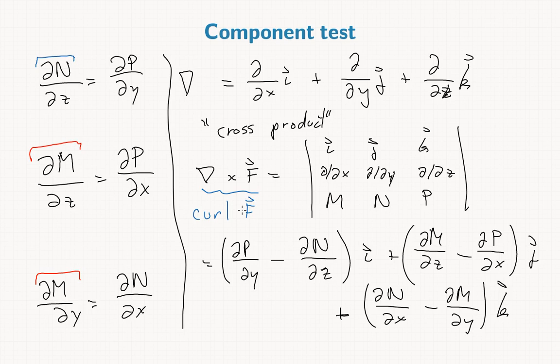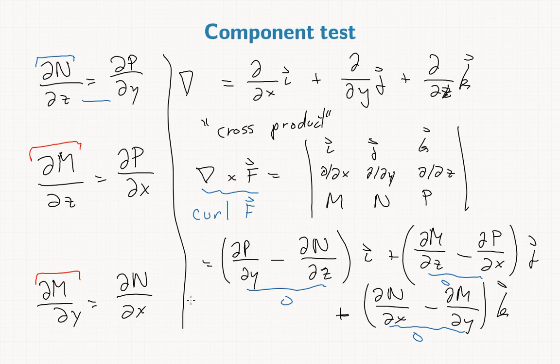We'll study this more in the coming sections. What these equations show is that del n by del z has to equal del p by del y, so that would say this component is 0. Similarly, these two being equal means that this component is 0, and these two being equal shows that this component is 0.